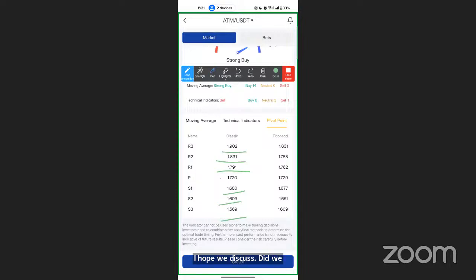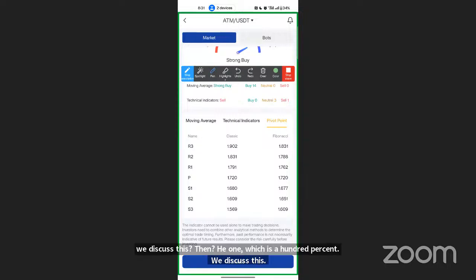Did we discuss Fibonacci and we talked about lines like 0.382, which is the 38.2% line, 0.618, which is the 61.8% line, and 1, which is 100%? Did we discuss this? I want to make sure before I cause confusion.